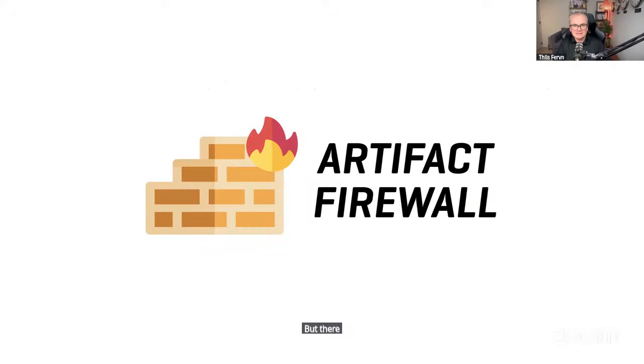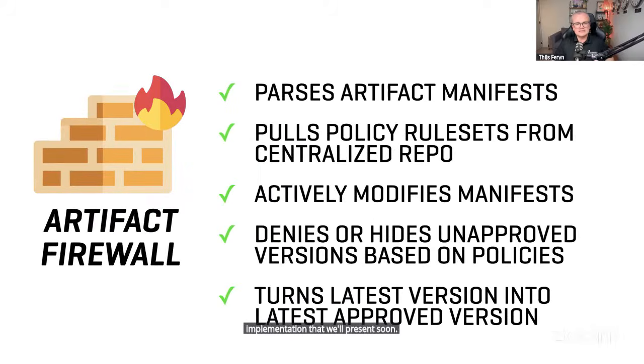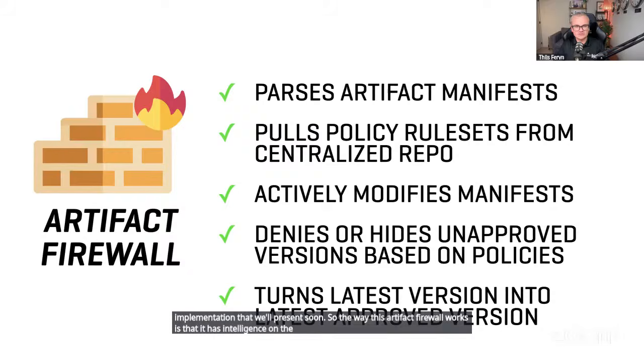But there is an artifact firewall component to it. And I'm happy to mention that we are not just in the process of developing it, we are in the process of finishing it. We've developed it and made a very specific implementation that we'll present soon. So the way this artifact firewall works is that it has intelligence on the artifacts that it tries to deliver.